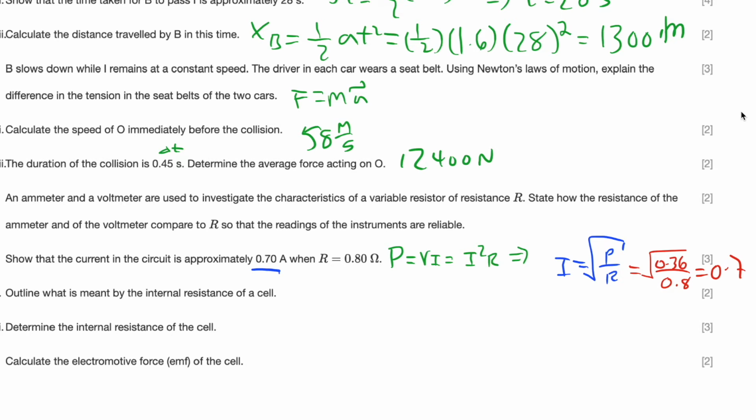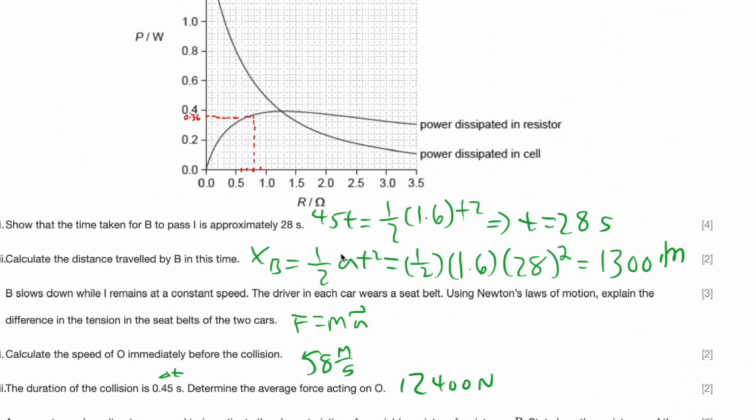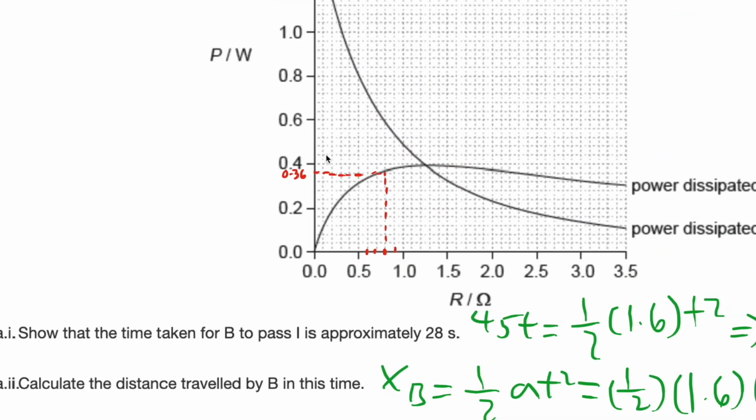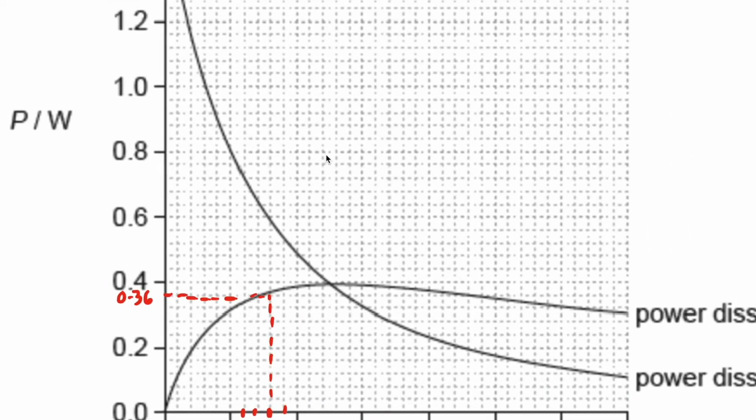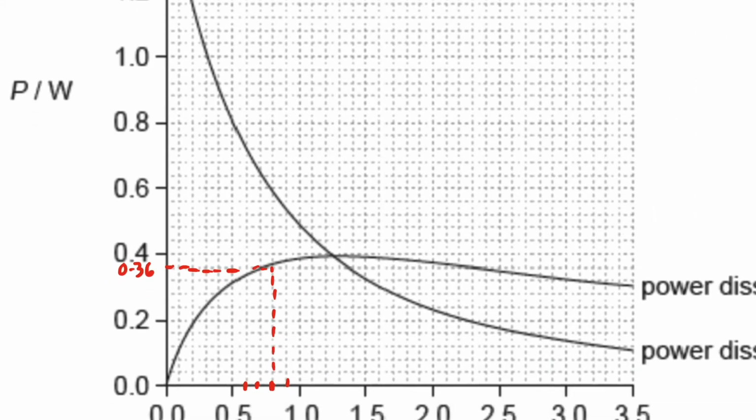So when the resistance of the variable resistor is equal to 0.8 ohms, the current is equal to 0.7 ampere. And we also know the power dissipated by the cell as shown in the graph. So you can calculate the internal resistance. So here.